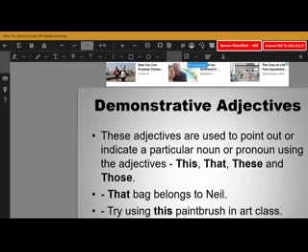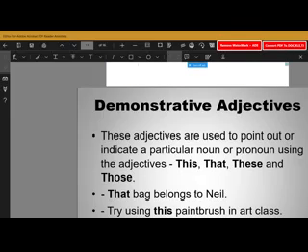If the objects near to us are more than one, plural in number, we call them these. The last s has a z sound, these. And if the objects or persons far from us are plural in number, we call them those.